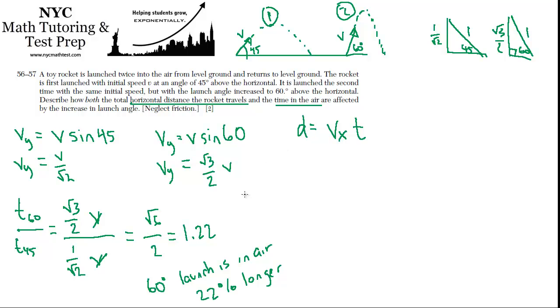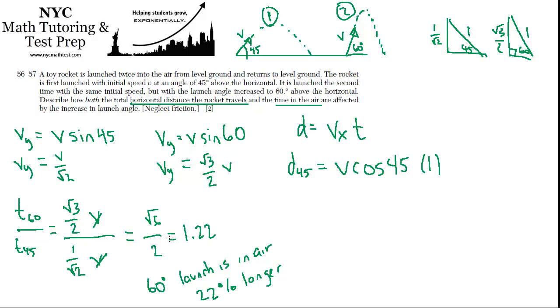The only way we can calculate that, I think, is by knowing how much longer this one is in the air than the other. And we know that exactly, so we can work that out. So the distance for the 45-degree launch angle is Vx, which is going to be V cosine 45, times its time in the air, which we don't know, but we'll just assume it's 1.